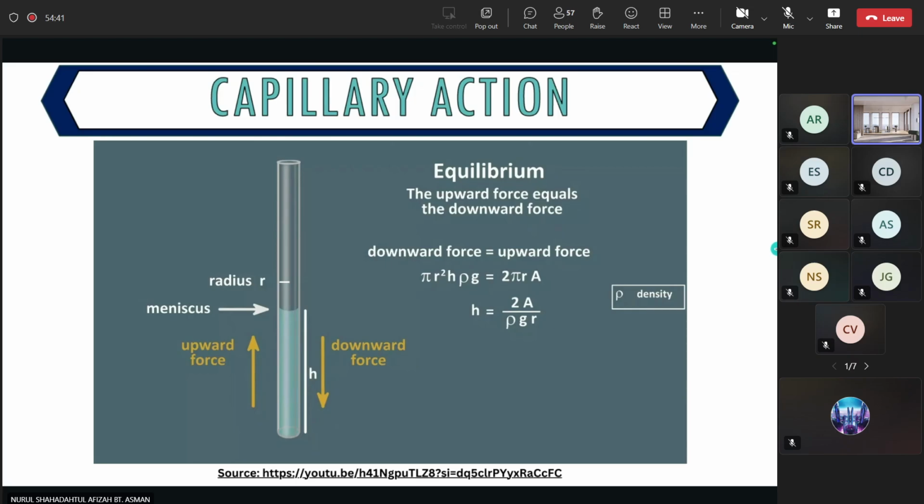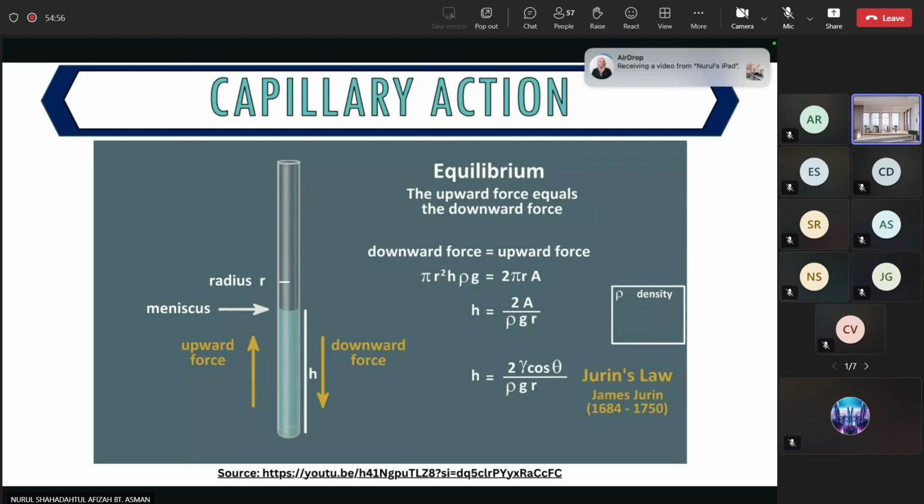We've derived an equation that you won't find in a textbook, but it does resemble a well-established equation known as Jurin's law. Jurin's law states that the height of a liquid in a capillary tube is inversely proportional to the radius of the tube. Here, our adhesive constant A is expressed as measurable quantities.